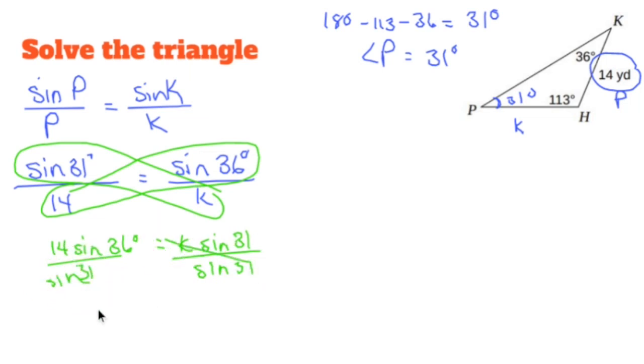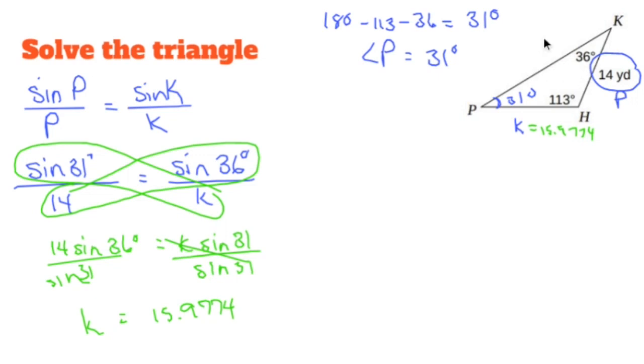That crosses out and leaves k all by itself. So I could just type 14 sine 36 over sine 31 straight into the calculator, and that gives me k equaling 15.977. So I got two sides, all three angles.